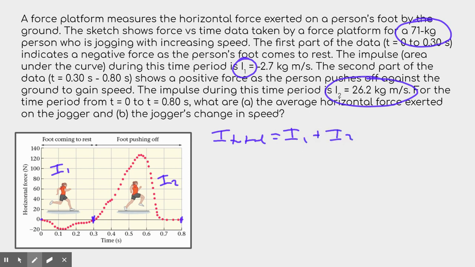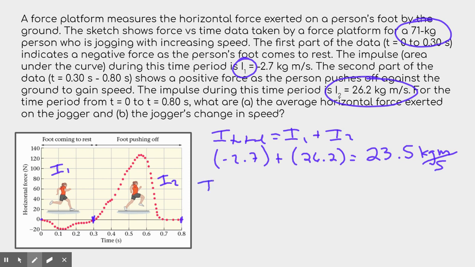All right, this is easy so far. That's negative 2.7 plus 26.2, and that comes to 23.5 kilogram meters per second.